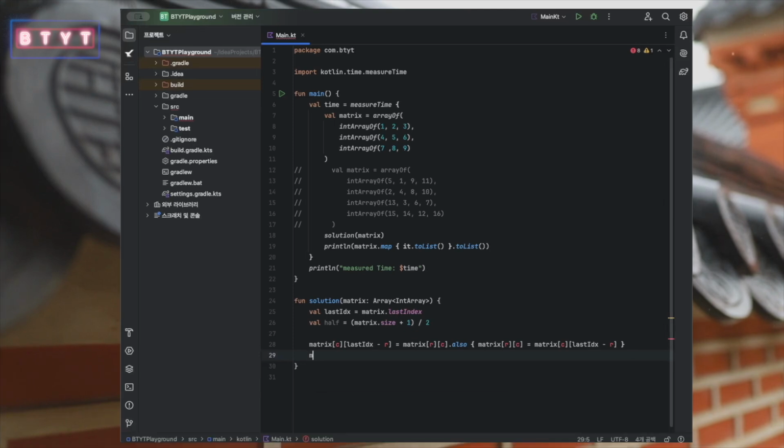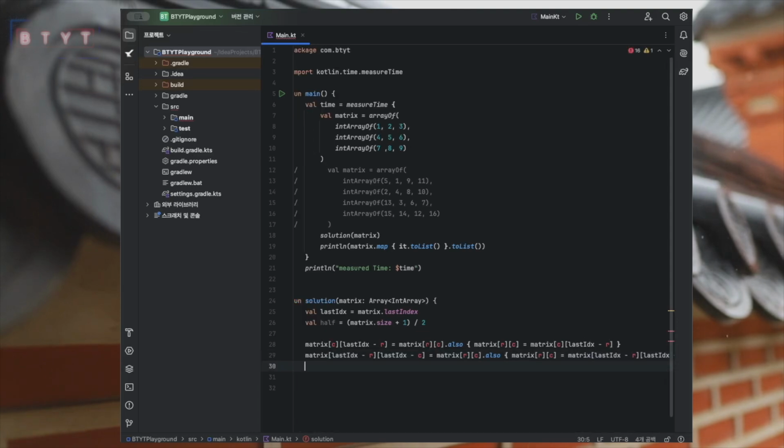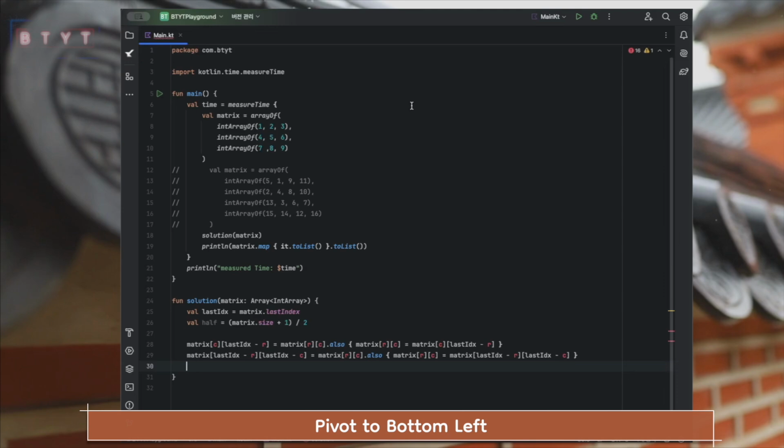Pivot to bottom right, pivot to bottom left.